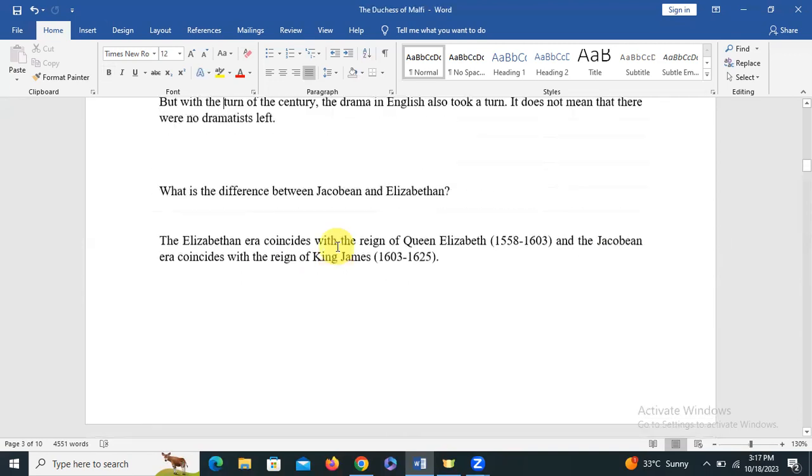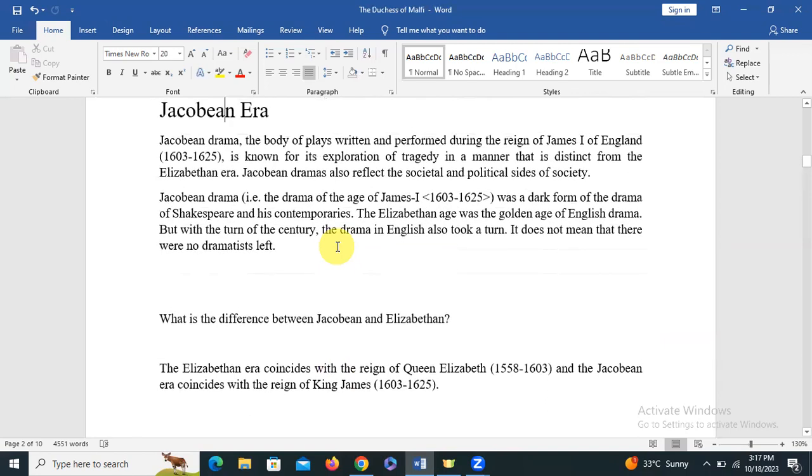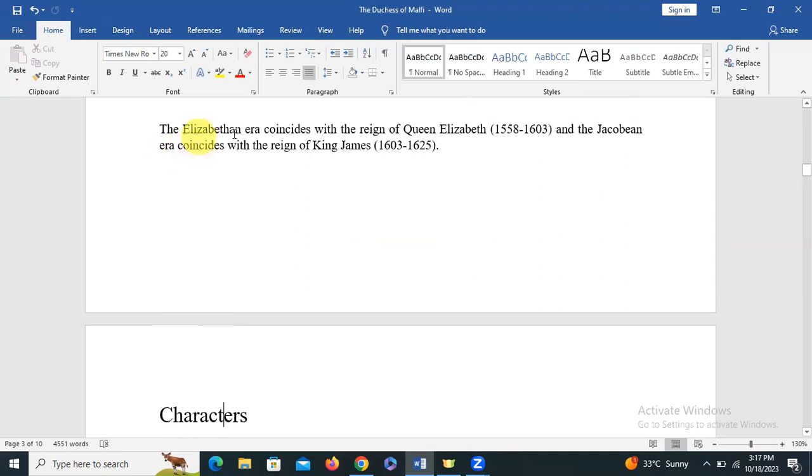Now, there are two things which we are discussing again, like Jacobean era and the Elizabethan era. What is the difference between them? The Elizabethan era coincides with the reign of Queen Elizabeth, the first queen, who ruled in England.